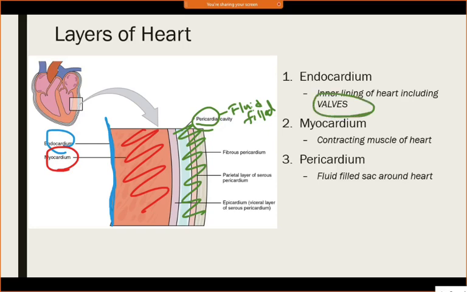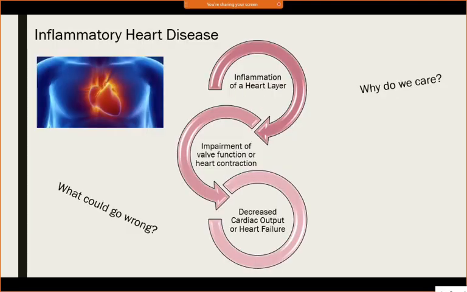This is the one that folds in and becomes your heart valves. So when we get an infection of your endocardium, or endocarditis, you end up with valve disorders, because the valves are a piece of your endocardium.